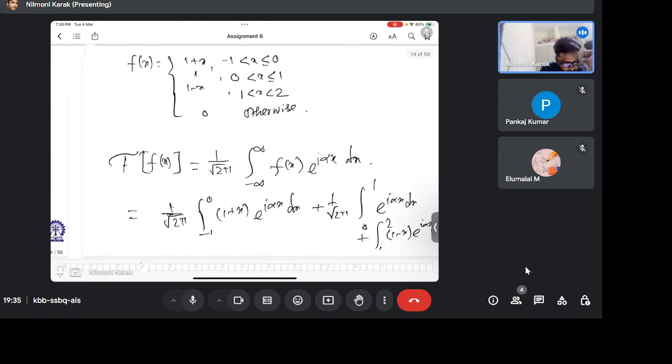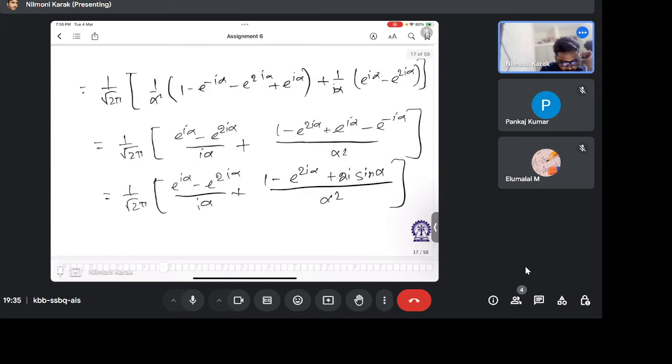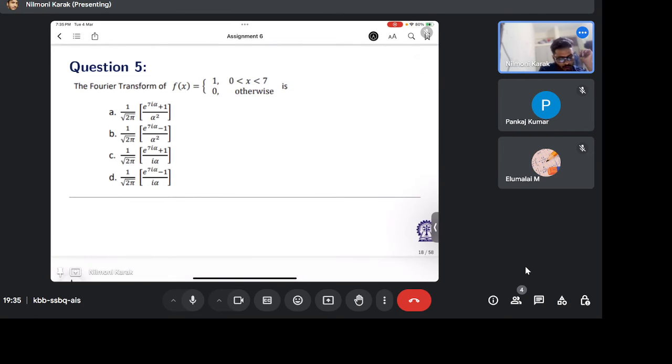Now, next problem, question 5. This is very simple, and it looks simple. When x lies between 0 and 7, it takes 1 and otherwise 0.